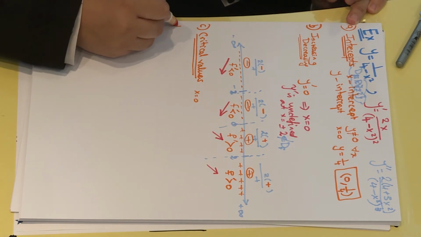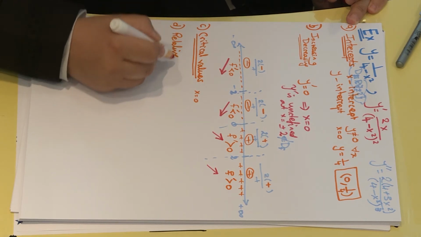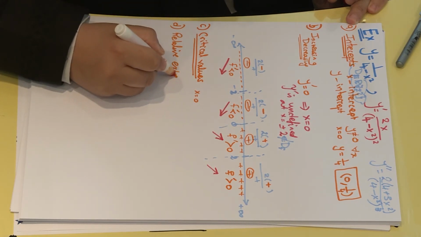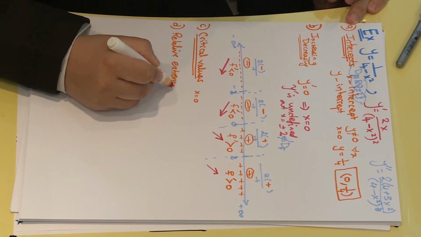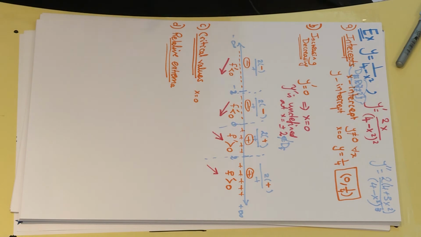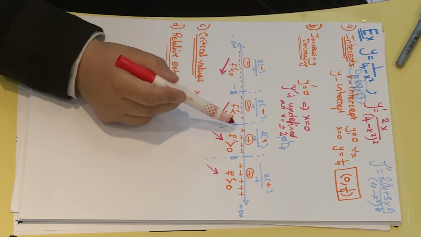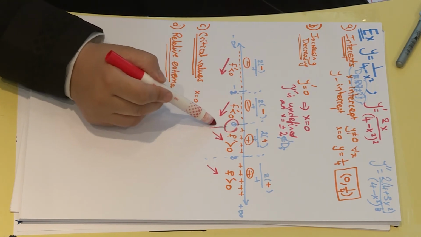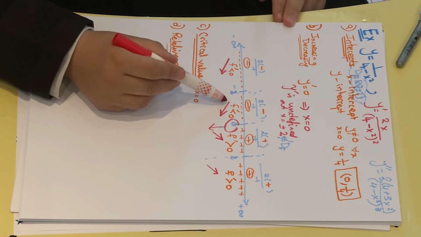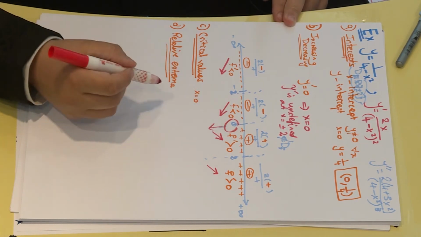Next, we want to know relative extrema, so we're talking about relative minimum or maximum. As we see, the only point here we can talk about as having relative extrema is 0. The function is decreasing to the left of 0 and then it starts to increase.